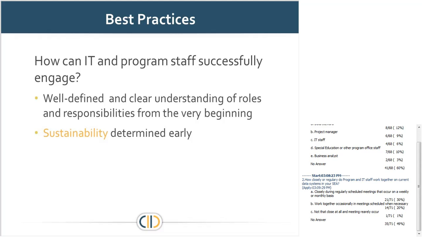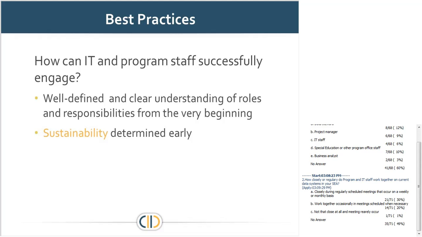But even though the cost to maintain that down the road is going to be less, there's still a potential of additional cost or personnel that's needed to support it. So having that determination on the front end will help give you more time to plan for that.